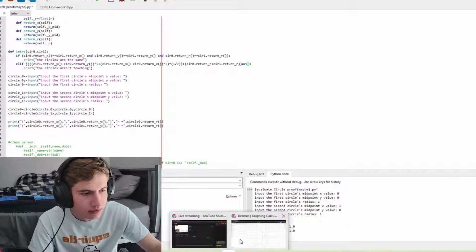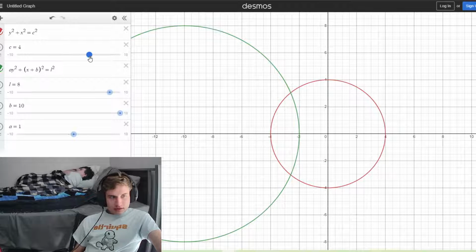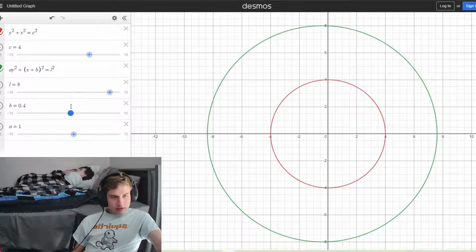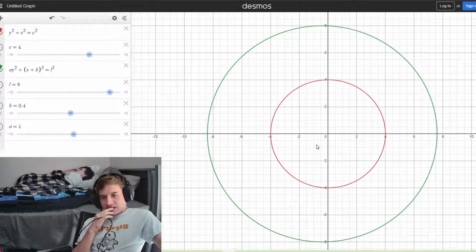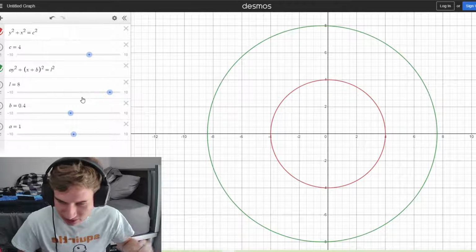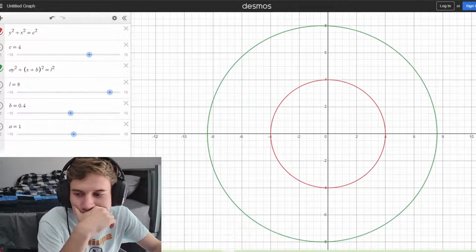What's the other case? The other case would be if the distance of the midpoints is less than, it's got my brain rattled. Ignore that.